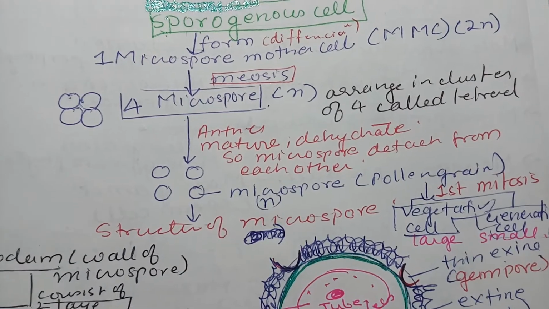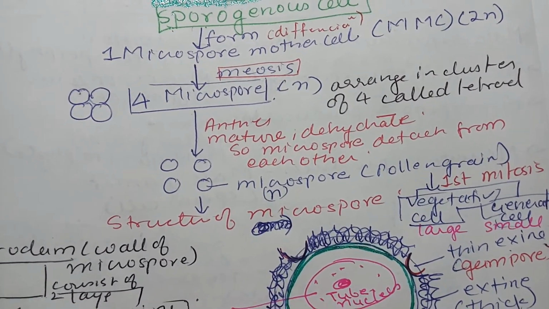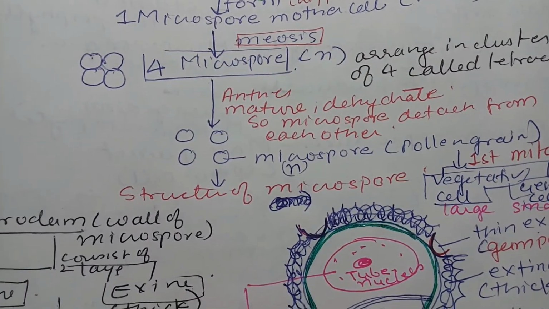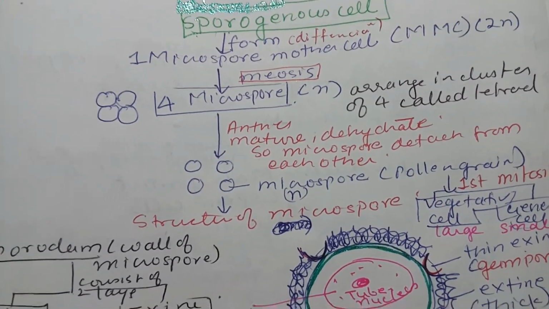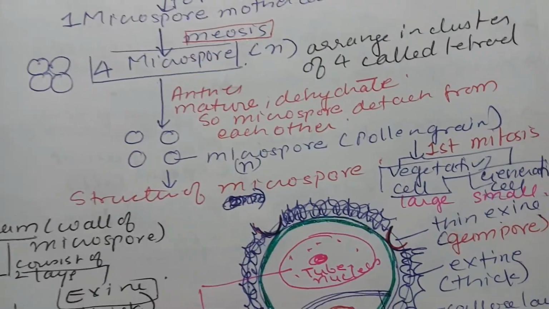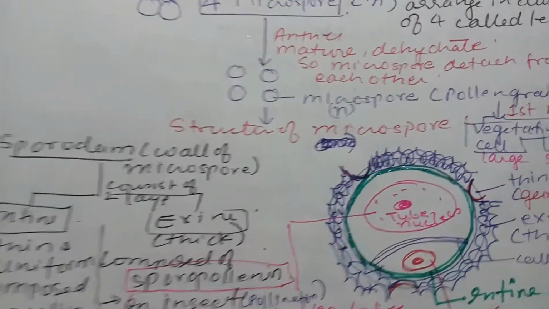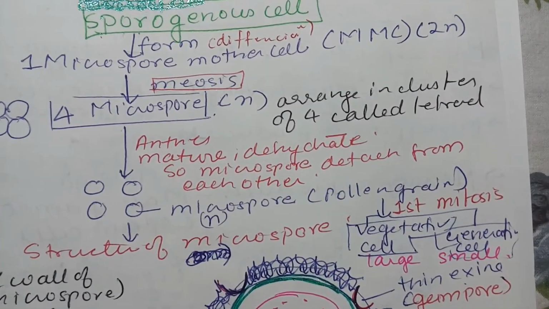Microspore is also called pollen grain. Now if you look at the structure of the microspore, when it gets mature, first let's discuss the mitosis.